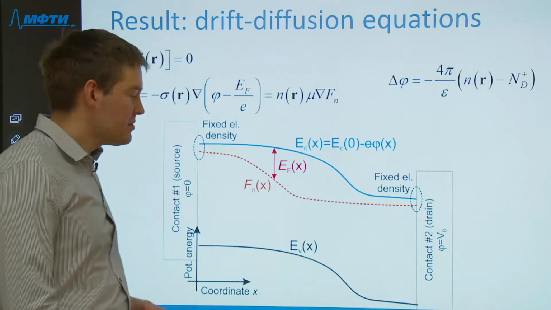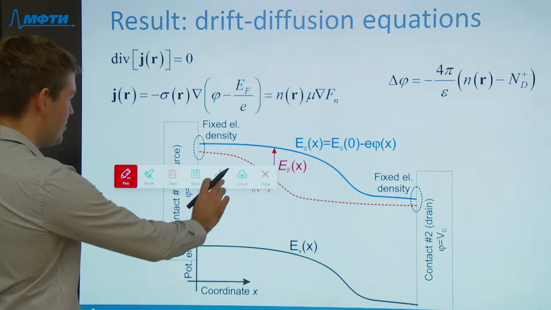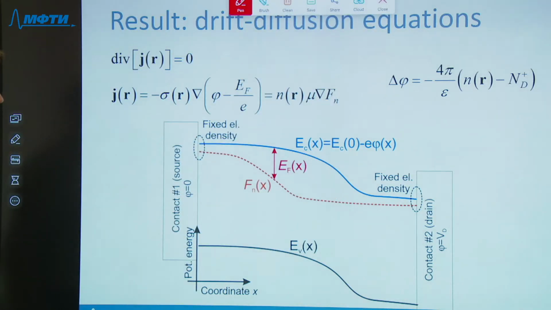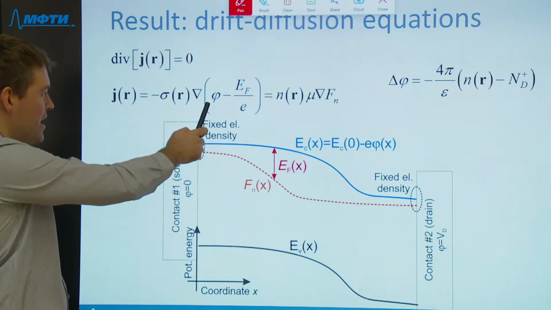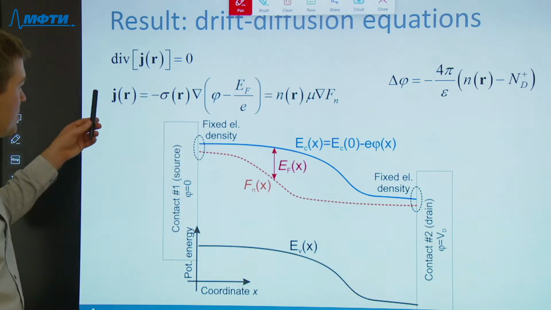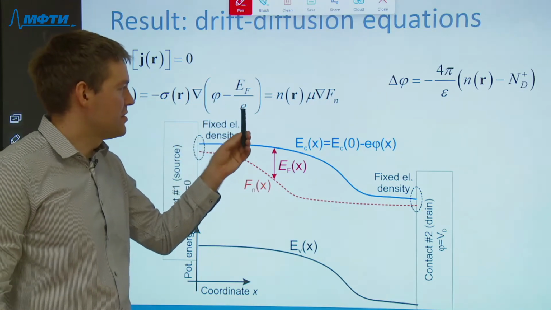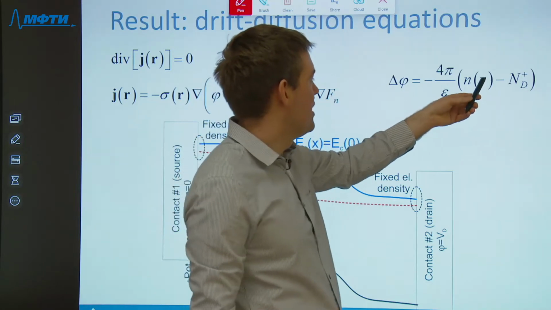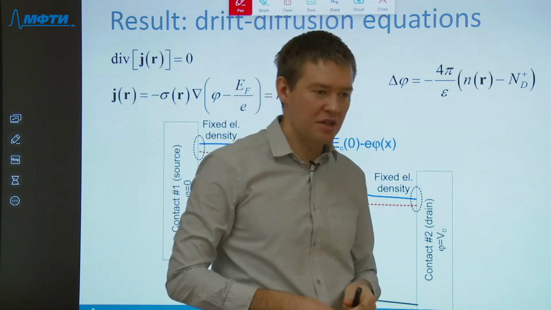So the full system of equations that should be solved when modeling transport in semiconductor devices is the continuity equation, the modified Ohm's law relating the local current and local gradients of the quasi-Fermi level, and the Poisson's equation relating the charge carrier density and electric potential.